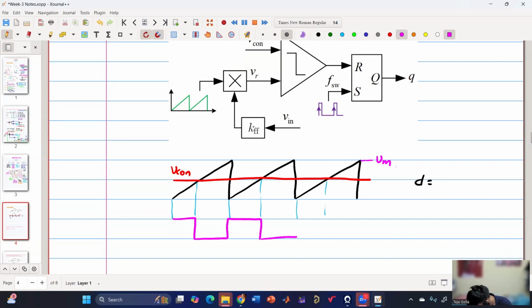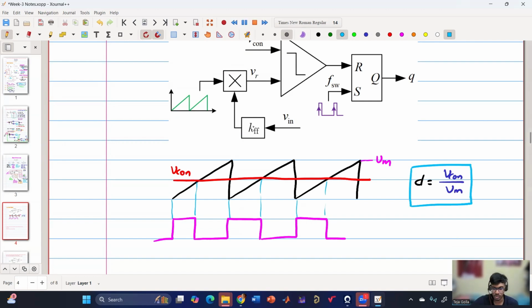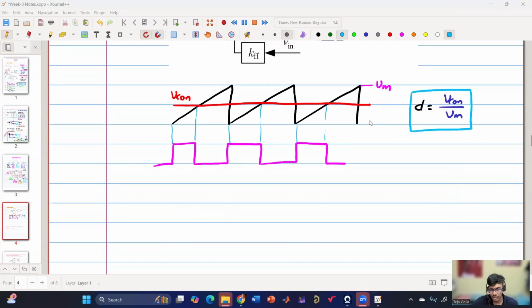The duty ratio is Vcon by Vm. So now if I calculate the output voltage V0, then V0 is nothing but D into Vin, right?